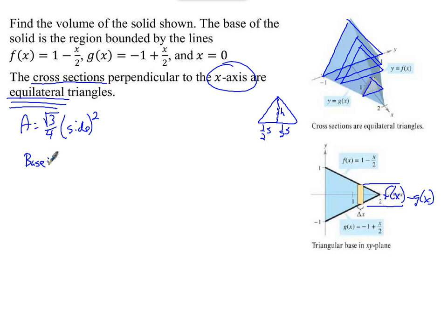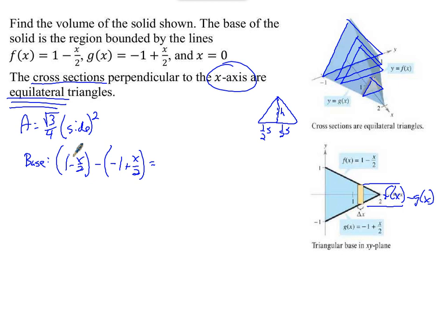So to find the base, and this is just for my own record keeping here, you need to do f of x, which is 1 minus x over 2, minus g of x, which is negative 1 plus x over 2. And then we combine all our like terms.